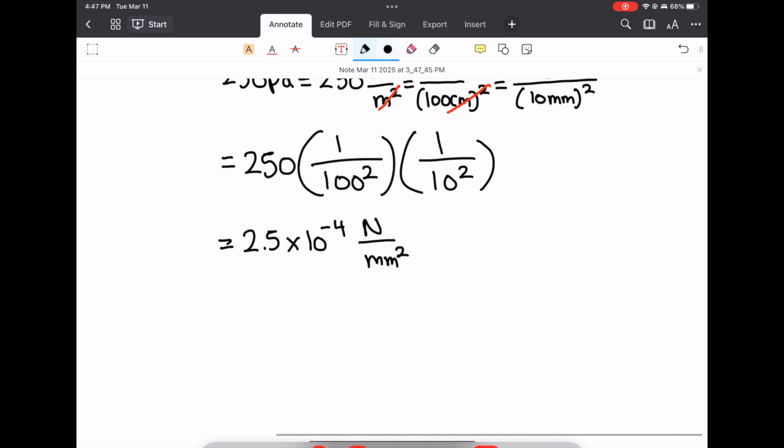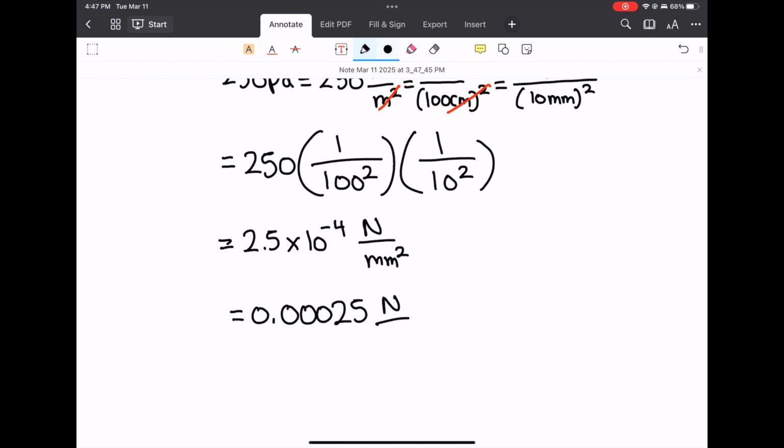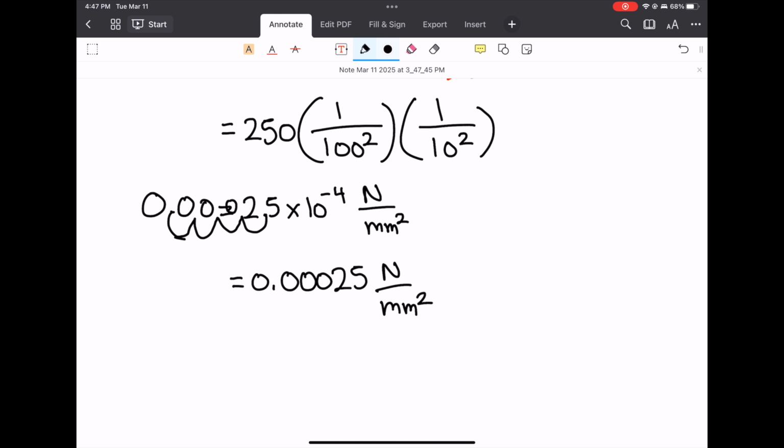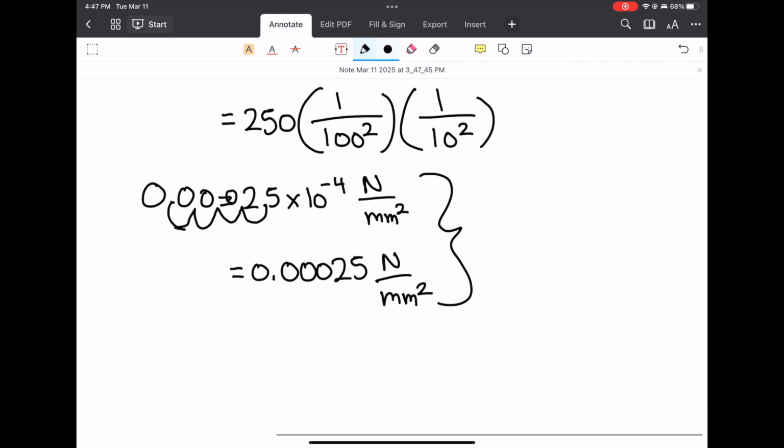This is the same as 0.00025 newtons per millimeter squared. We know this because if we go 4 decimal places, it's 1, 2, 3, 4, equals 0.0002. That is 4 decimal places, so these are the same.